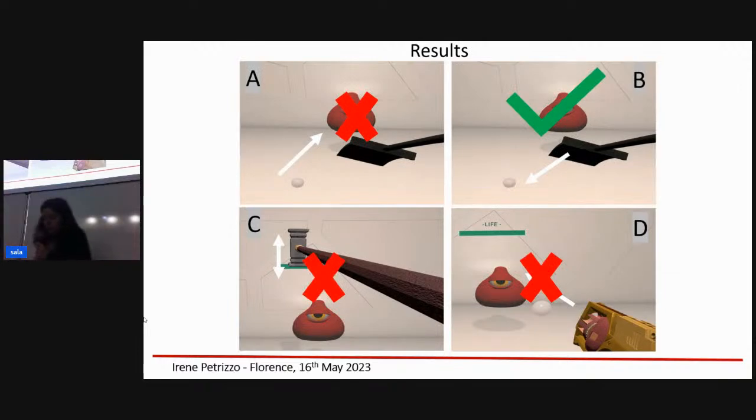So what we found was that this pulling training, the one that has been validated multiple times in real life, was the only one that managed to induce a modulation of any kind, in this case, enlargement of the peripersonal space, while the other three trainings failed.